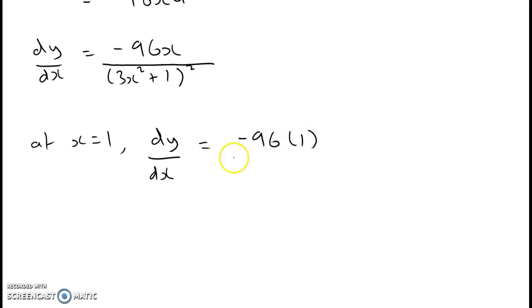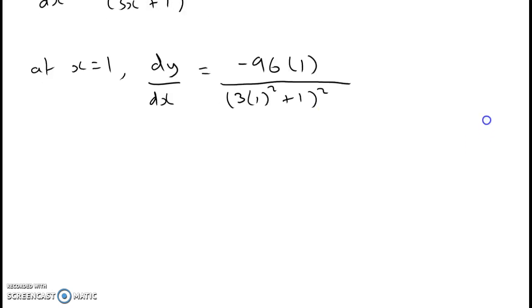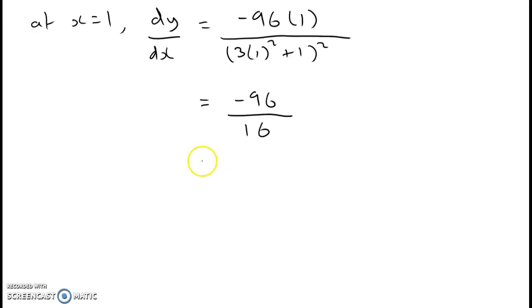Substitute that 1 in there. All over, we'll get (3 times 1 squared plus 1) all squared, which will give us minus 96 over, that'll be 3 plus 1, 4 squared, 16, which equals minus 96 divided by 16 equals minus 6.